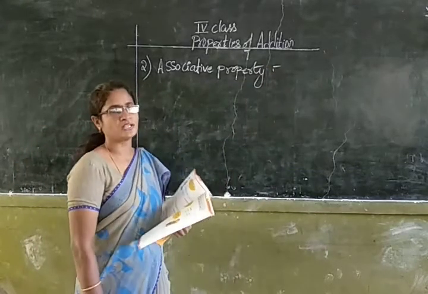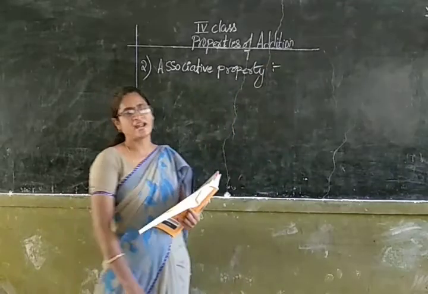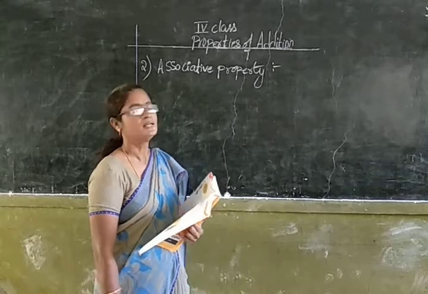According to this property, if we add more than two numbers, the grouping of addends does not change the sum.